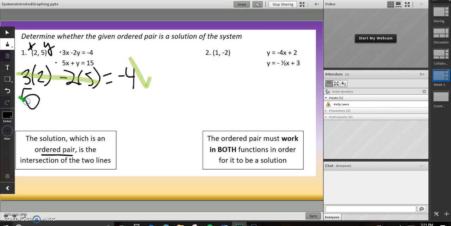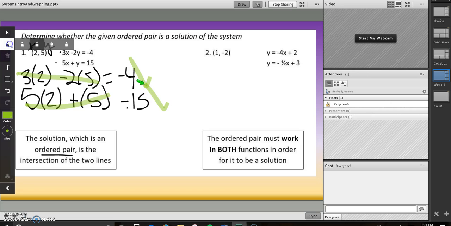Now we're going to do 5 times x plus y, which is 5, equals 15. Stick that in your calculator, or do it by hand. 5 times 2 is 10, plus 5 equals 15. So that works in both equations. So yes, this is a solution.